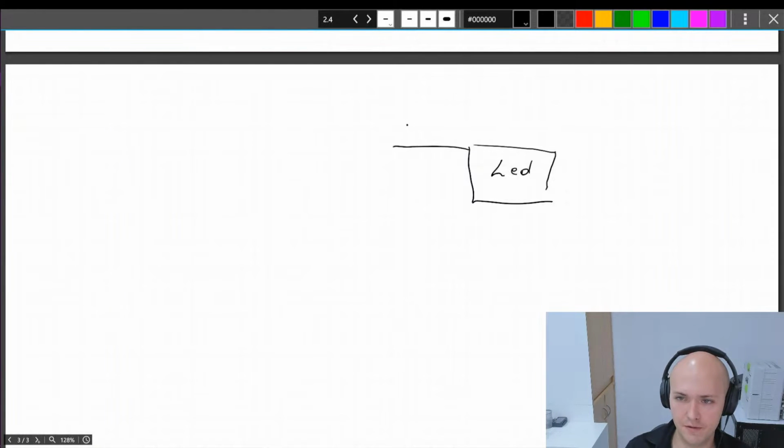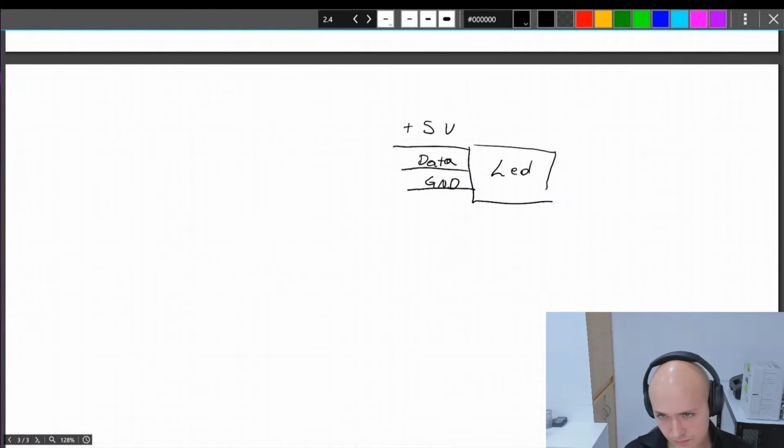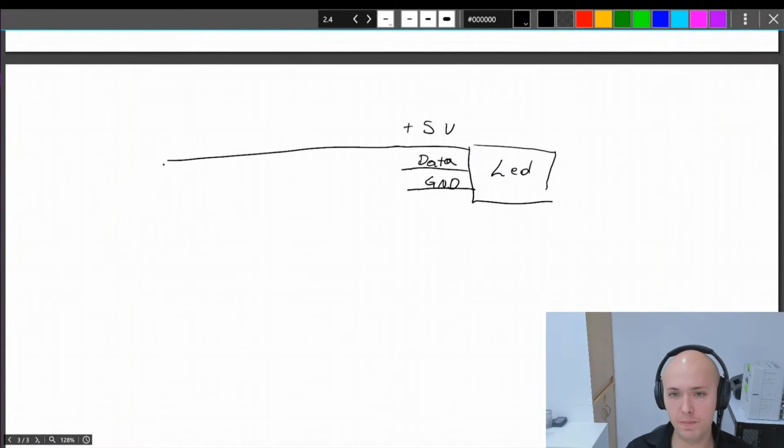It has plus 5 volts, a data line, and a ground line. With those 3 pins, we can drive the LED. Of course, the 5 volts goes to our voltage out in that case. Ground goes to ground. Now the question is, how can we implement the data line?